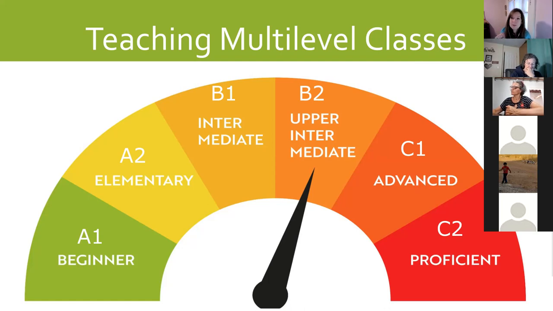So even within one student, we can have multi-levels. And so these techniques we're going to be talking about today are going to help you if you're doing multi-level classes, or even if you're using the Light of the World materials with one student who may be a little higher or lower in some areas.